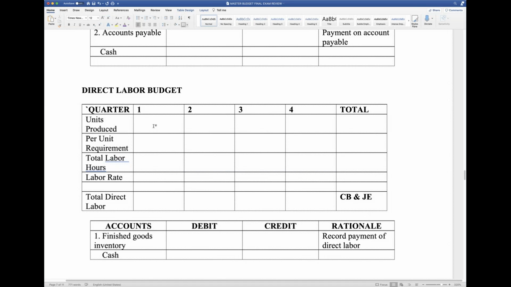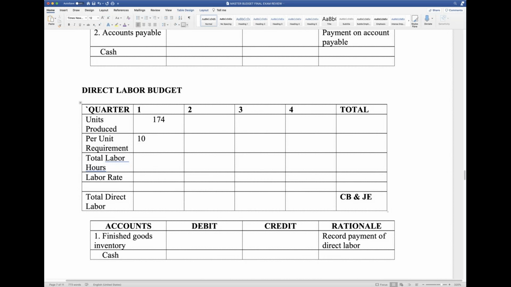So put 174. And the workers make how many per hour? 10. So put a 10 in there. So what's going to be the labor hours if they can make 10 an hour?